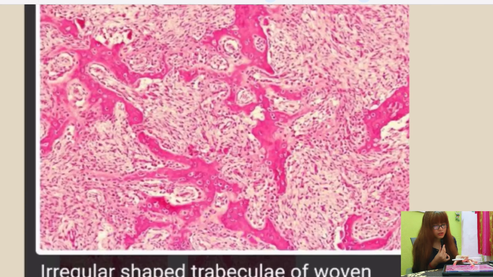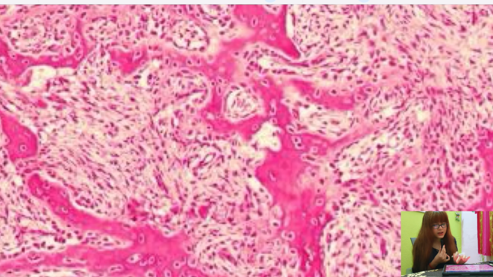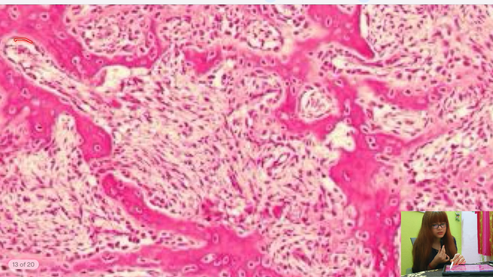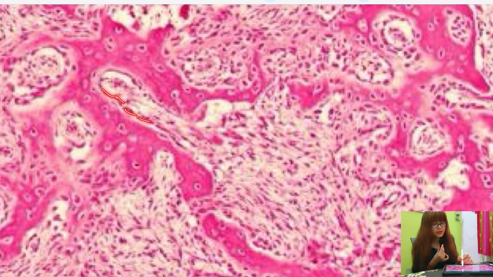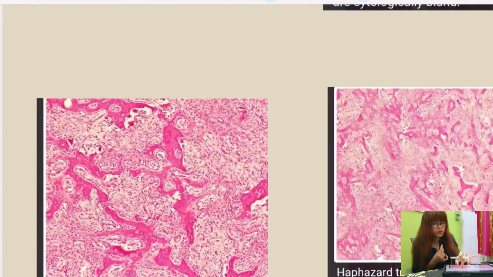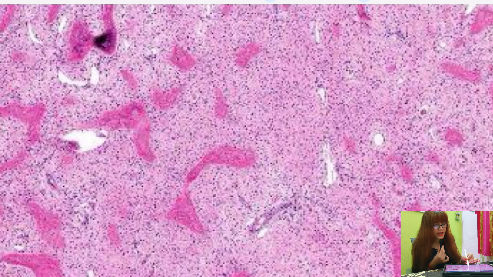But if you see this image, you can see that there is presence of osteoblastic rimming. You can see these osteoblasts. See, these osteoblasts are rimming this woven bone, right? All of this is osteoblastic rimming which is present, but it is not there in the other diagram. Can you see any kind of lining over here by osteoblasts?